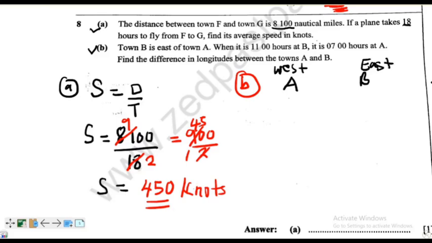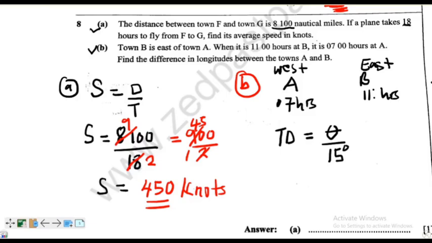Now they are saying when it is 11 hours at B, so here at B it's 11 hours, and at A it is 07 hours, okay? Find the difference in the longitudes between town A and B. So what we are going to do is say time difference is equal to theta divided by 15 degrees, like this.